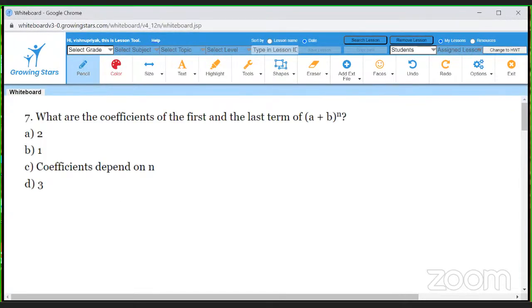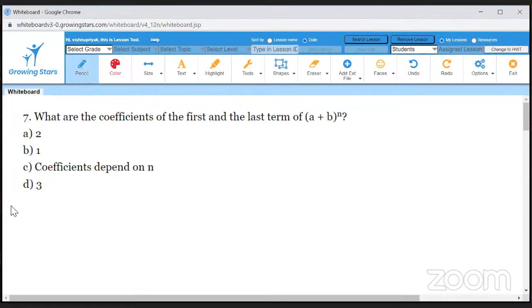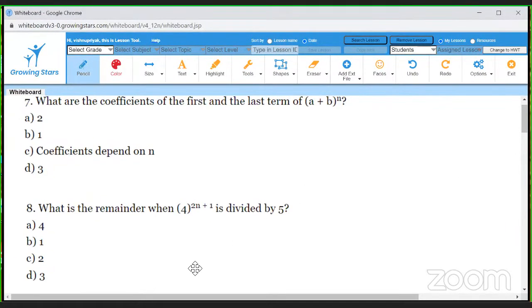Here is the next question number 7. What are the coefficients of the first and last term of a plus b power n?